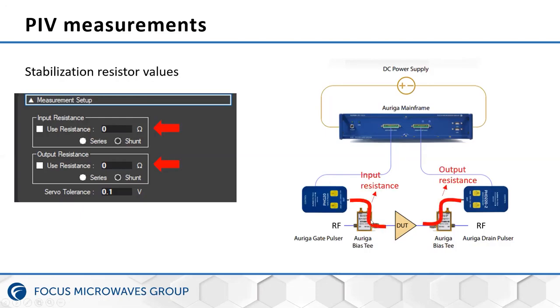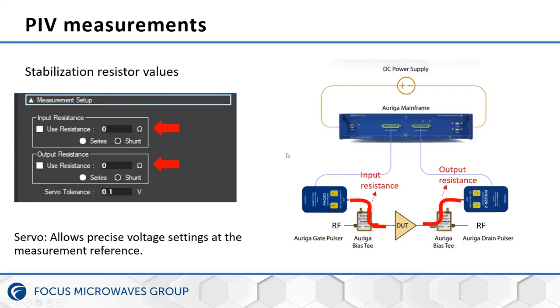There are multiple methods available to calculate this input and output path resistance. Once these resistances are known, we can define them in our software, and the software automatically compensates for this offset. Once we have defined these resistance values, the voltage that the user sets at the power supply level is the voltage that you should measure at your measurement reference plane.